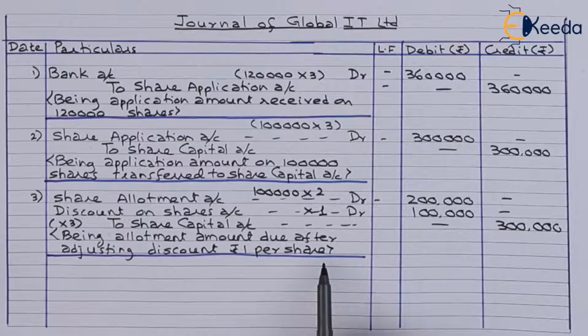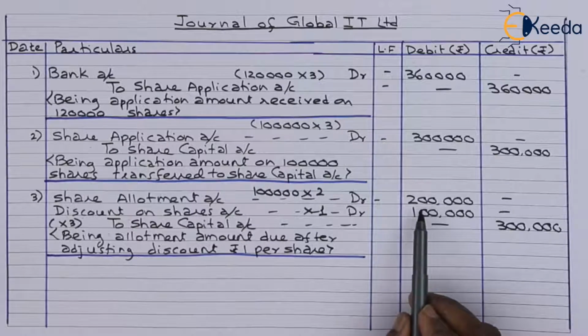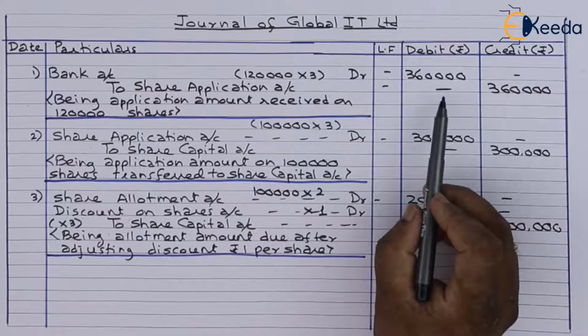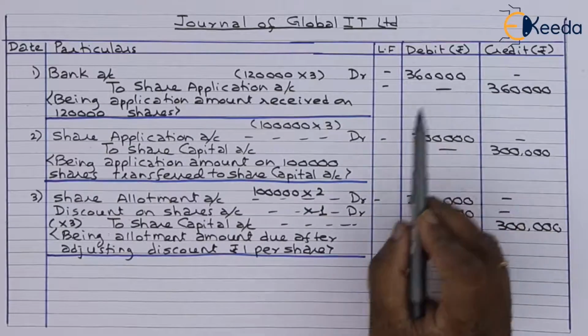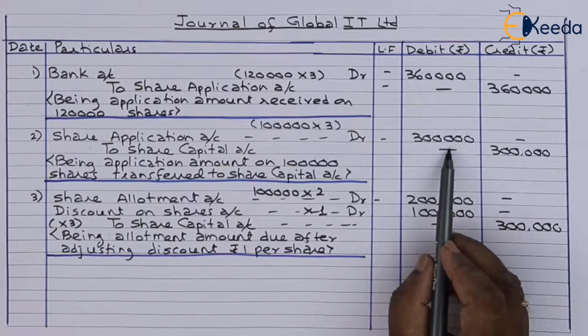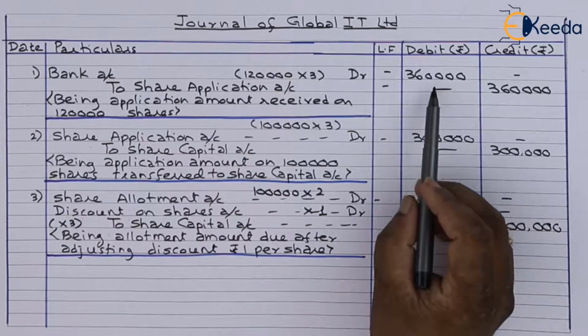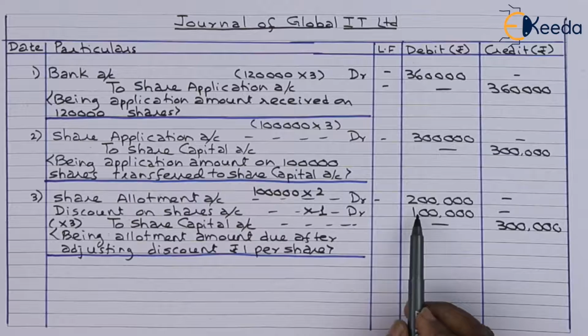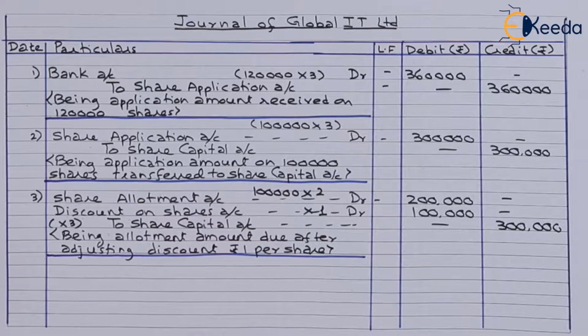Now according to this entry, we are required to receive rupees 2 lakhs from the shareholders. Shareholders at the time of application have paid 3,60,000, of which application amount we have adjusted 3 lakhs. That means we have 60,000 rupees excess. This excess application amount will be adjusted against this amount due, 2 lakh rupees.